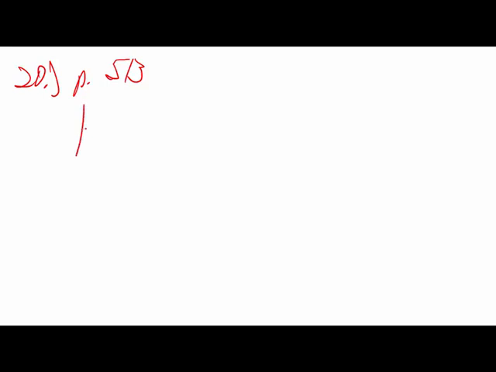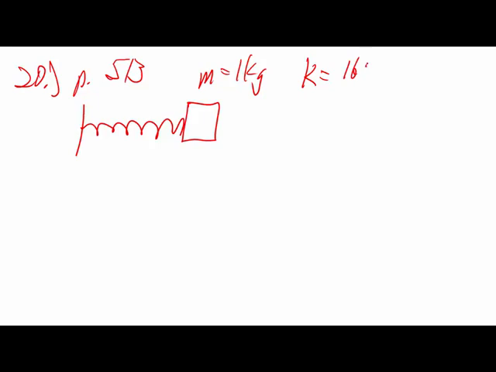So we got a spring here, and a 1 kilogram block. The mass of the block is 1 kilogram. And the spring constant is 16 newtons per meter. That's the spring constant. Okay.